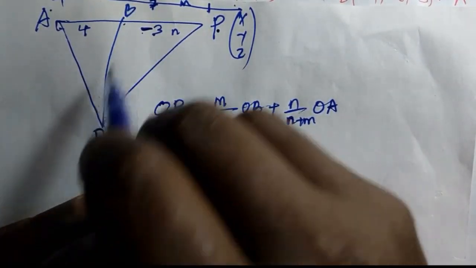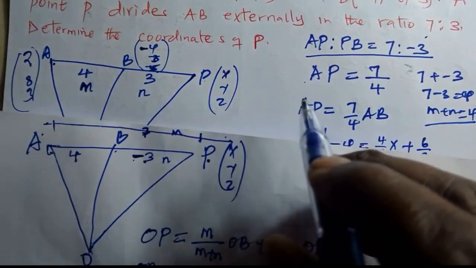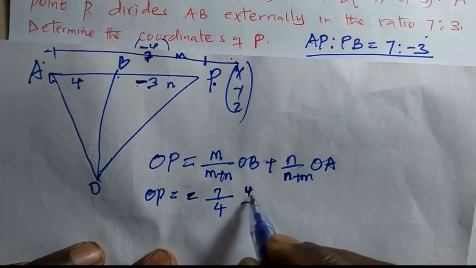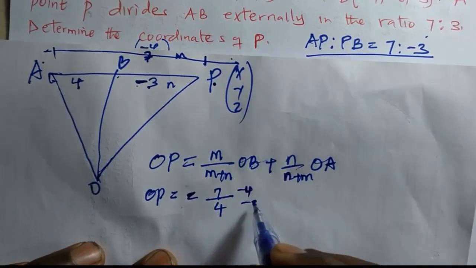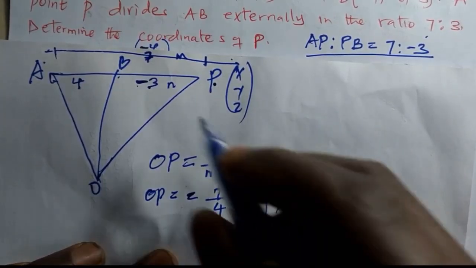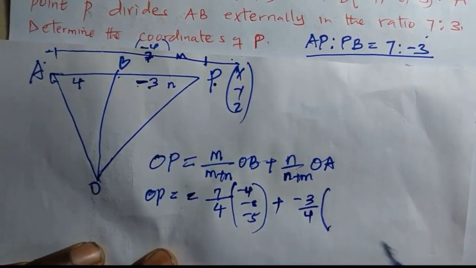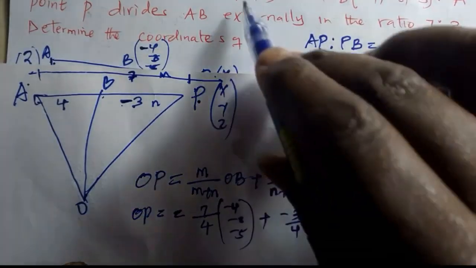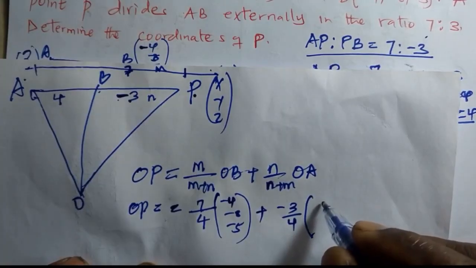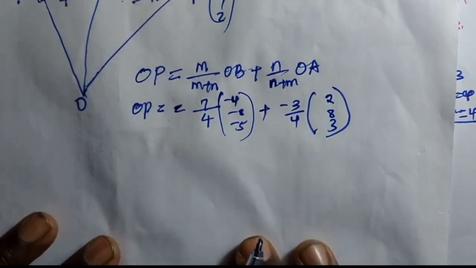OB ni OB tulikuwa tumepata ngapi? OB, that is B, that is 4 minus 4 minus 8 minus 5 plus n, which is minus 3 over the total 4 into A, which is 283. So this one will give us OP directly.